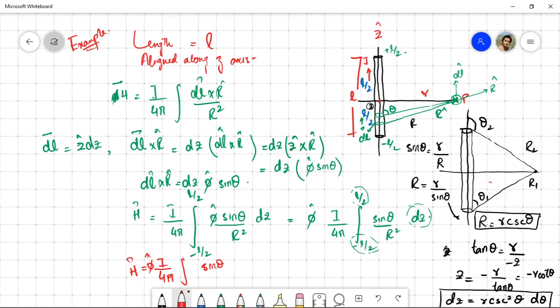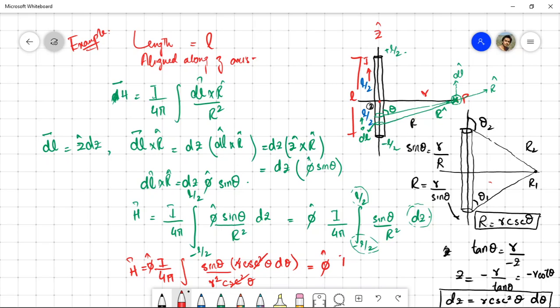Instead of dz, we'll write r cosecant square theta d theta, divided by, instead of this r square, we'll write small r square cosecant square theta. This cosecant square will be cancelled, this small r will be cancelled by one of this r, and this r is basically constant, so it will come out.